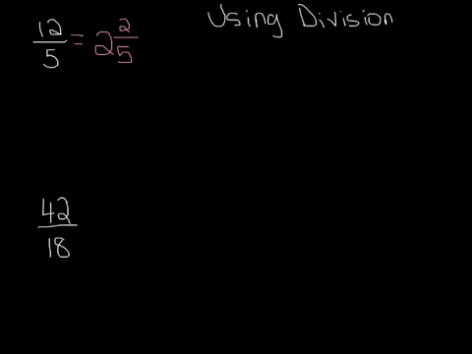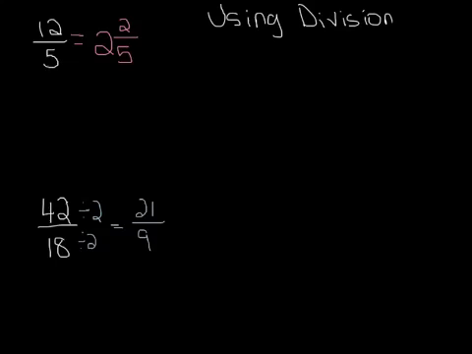When I see 42 and 18, I see right away they're both even, so I can divide them both by 2. If you can see that you can divide by a larger number than 2, you should. The larger the number you divide by, the fewer steps you'll have to take. But in this case, I'm going to use 2 as an example. So 42 divided by 2 would be 21. 18 divided by 2 would be 9.